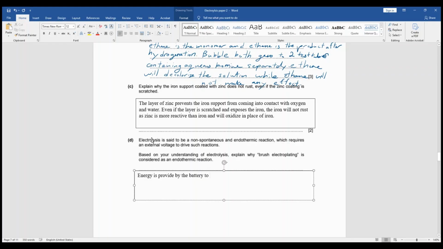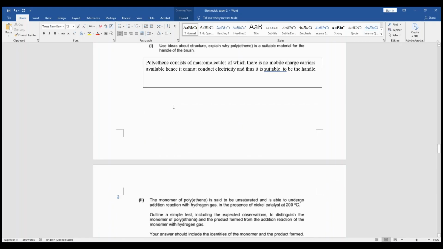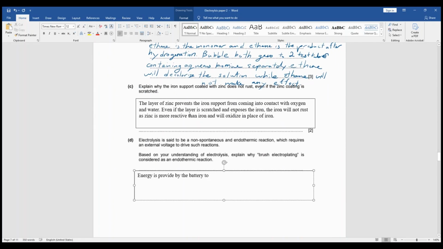What is happening at the zinc? It is oxidized. We want to oxidize at the anode. Energy is provided by the battery to the anode for oxidation to take place.